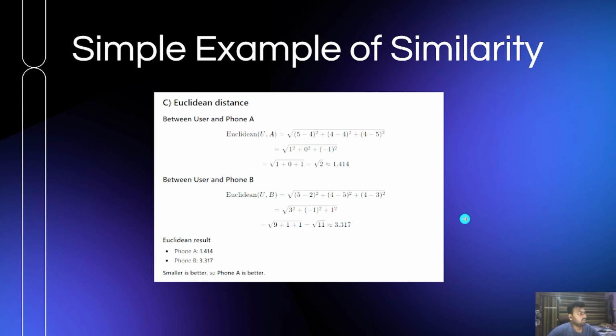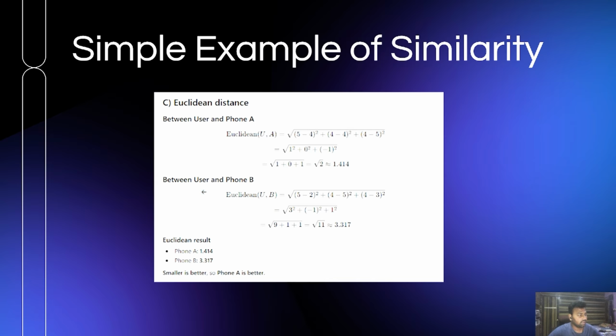Similarly, we will try to solve a similar example for Euclidean distance. Euclidean distance between phone A and user is root over (5 minus 4) whole square plus (4 minus 4) whole square plus (4 minus 5) whole square, that is 1 square plus 0 square plus minus 1 whole square, that is root over 2, that is 1.414.